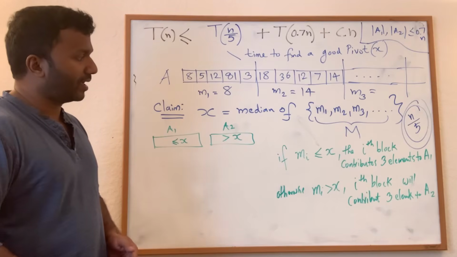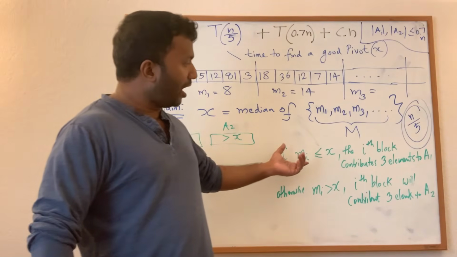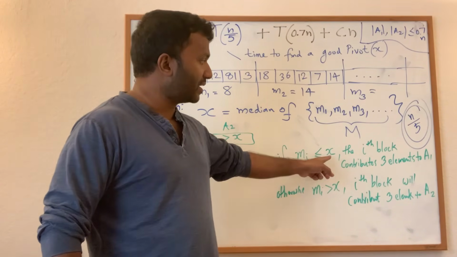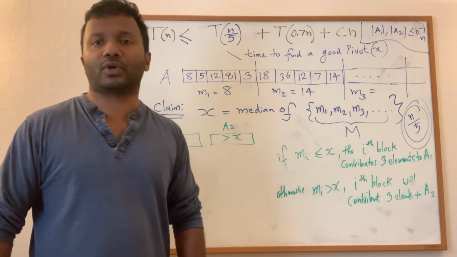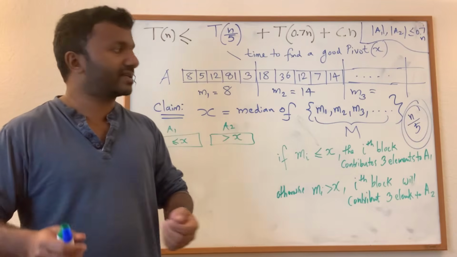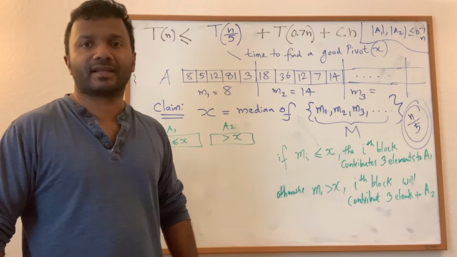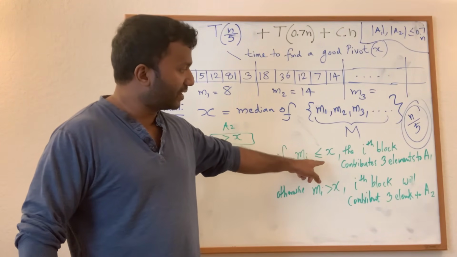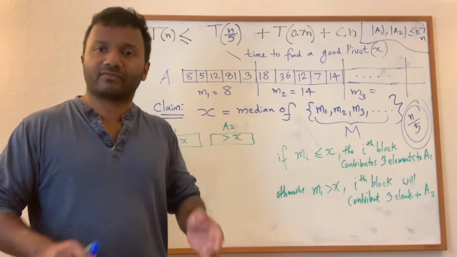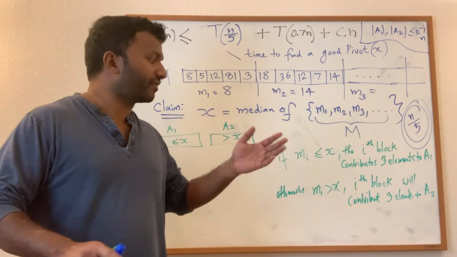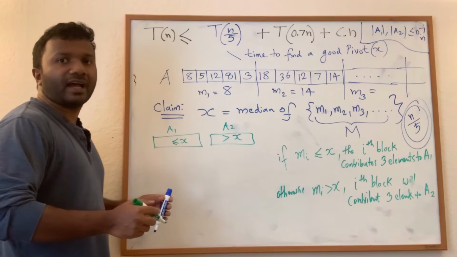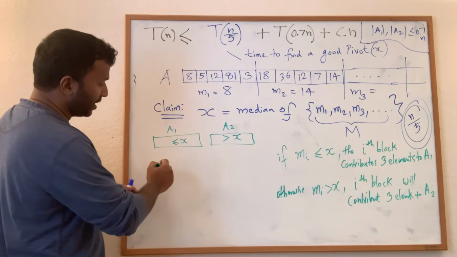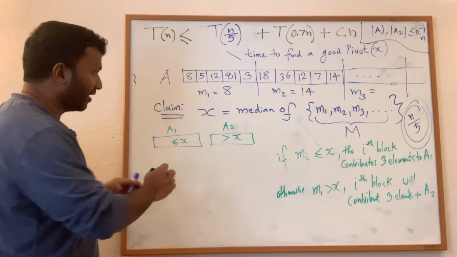Okay, and how many mi's are going to be less than x and how many are going to be more than x? Since x is the median of all these mi's, the number of mi's which are lesser than x will be the same as the number of mi's which are more than x, right? It will be split into half.